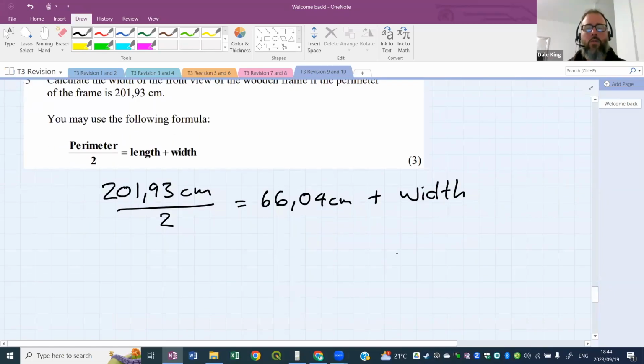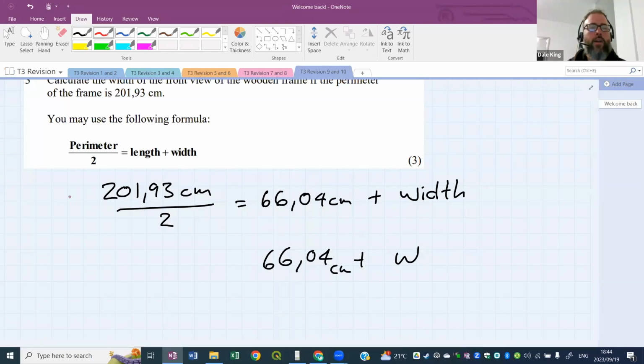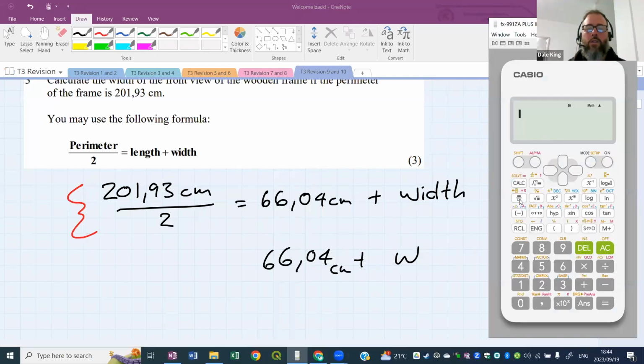We're getting back to one of these equations where we have to move things around. Now I'm going to quickly work through this one because I want to get to the last question. I'm going to do like Ben suggested the last time: simplify it, make it more simple. So 201,93 divided by 2.